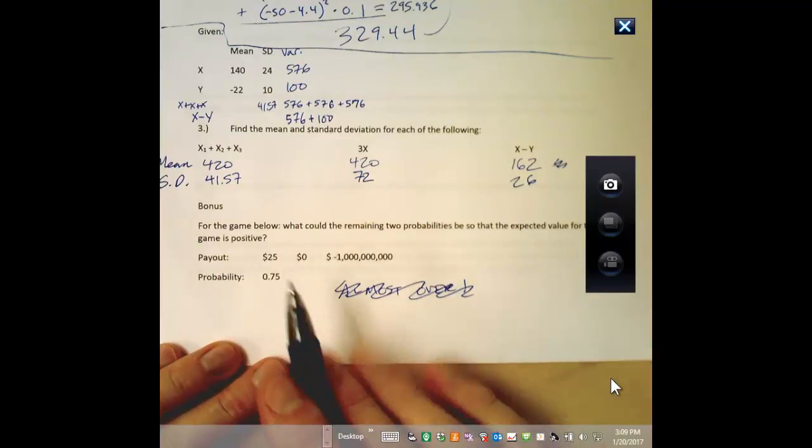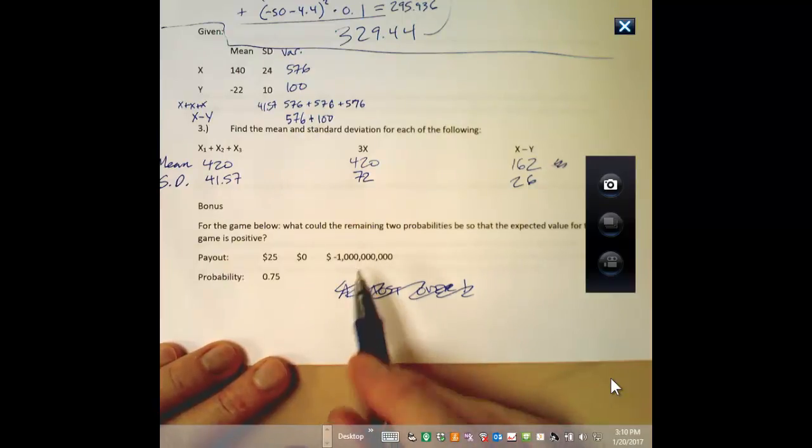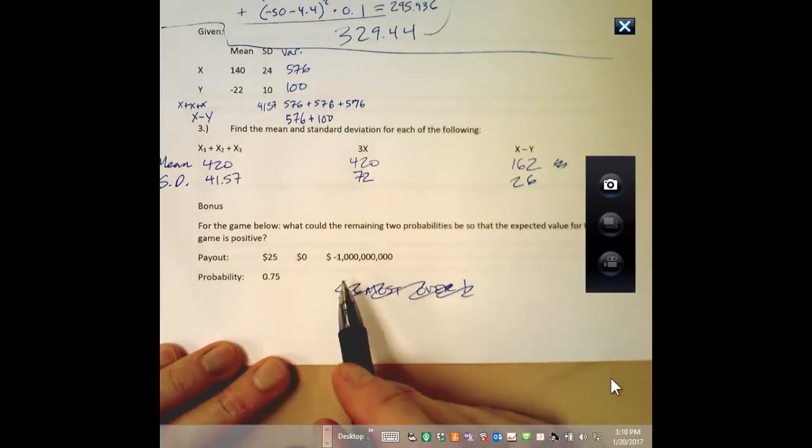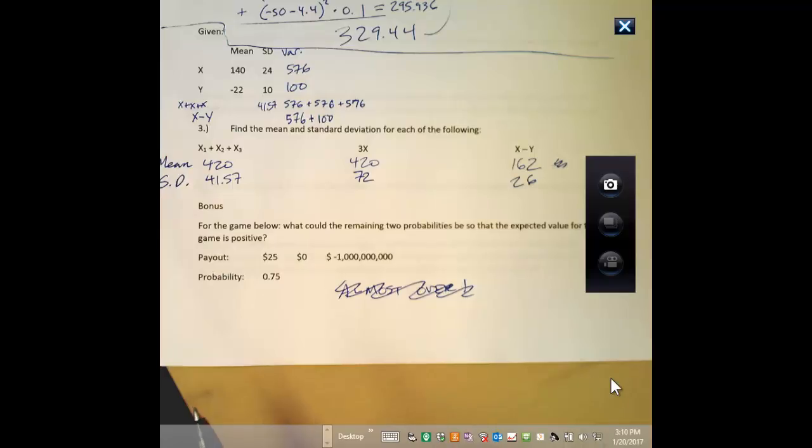Or let's put it this way, it's very unlikely that you'll have to suffer this consequence. So you could potentially lose $1 billion by playing one round of this game, right? But if we make it unlikely enough, then maybe people will be willing to play.